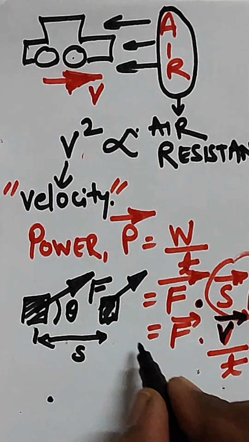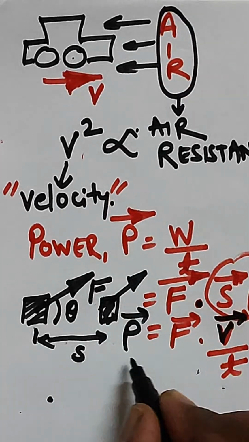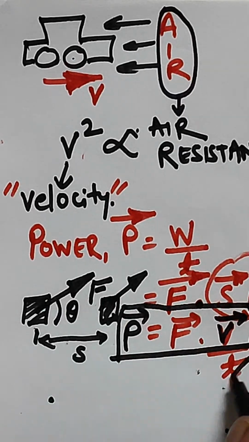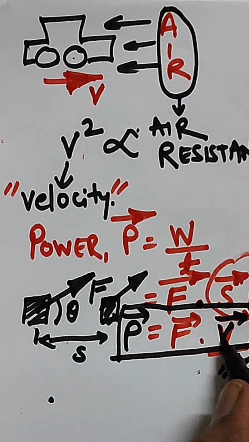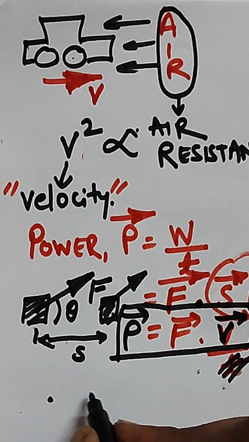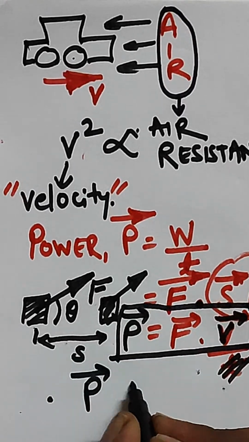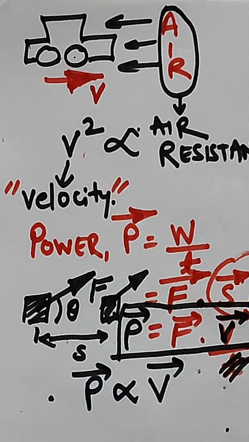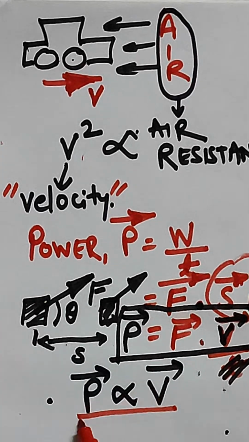So you can see that power is F dot V. Power is proportional to the velocity. So this is one of the relations.